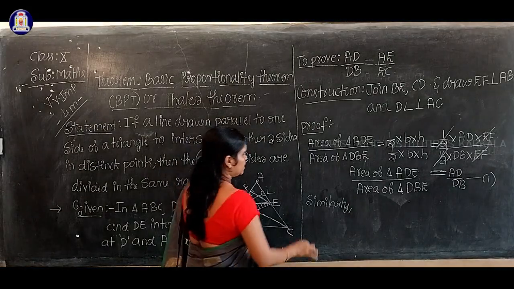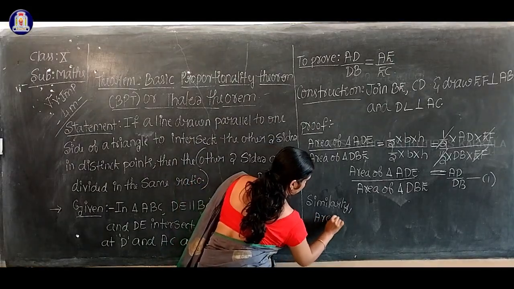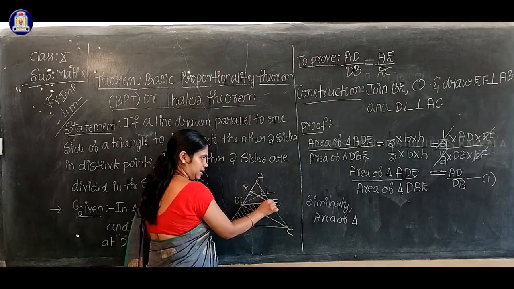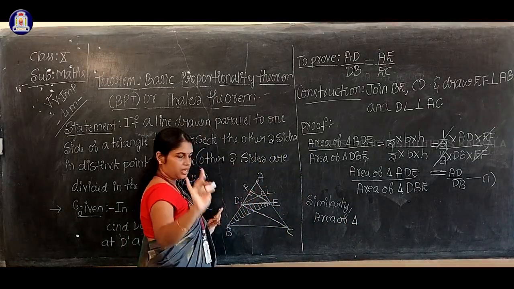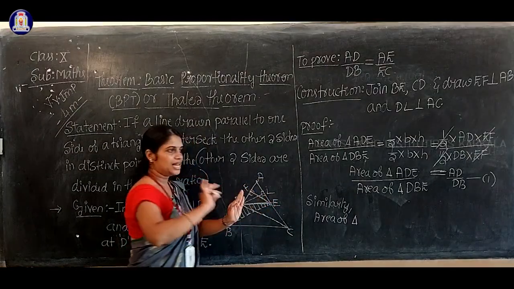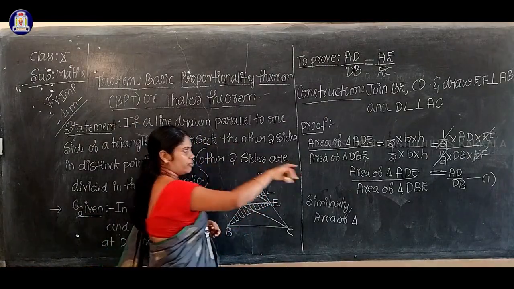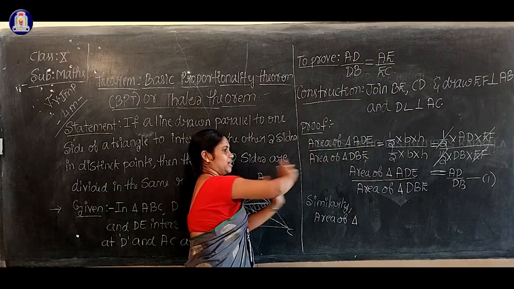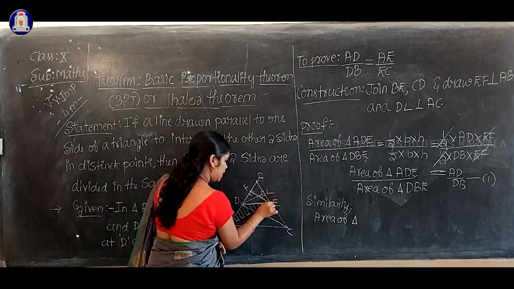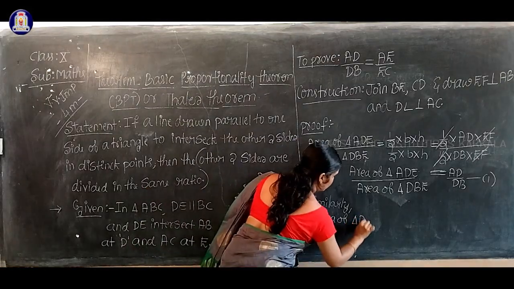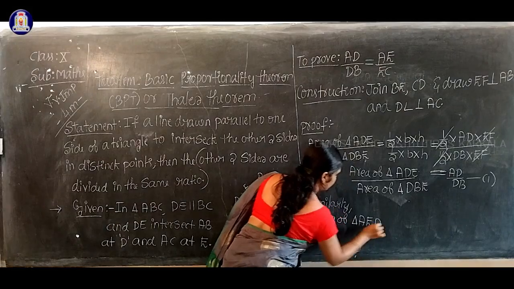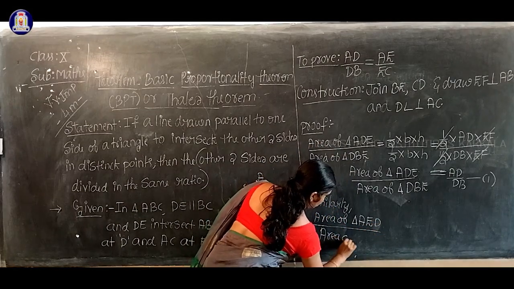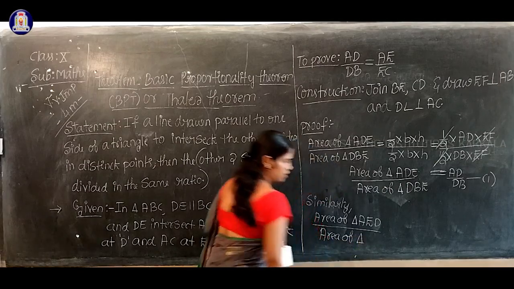area of triangle, the upper triangle same, ADE, or as you can say AED. I'll just change the sides now. In the first one you considered ADE, isn't it? Now we'll consider the right side, that is AED, by area of triangle.